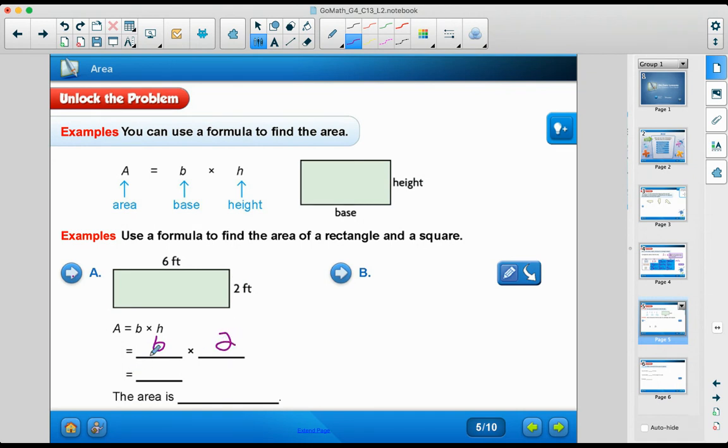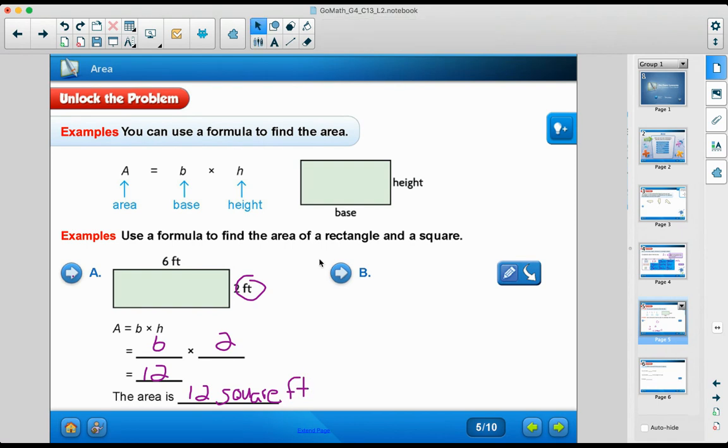So the area is 6 times 2, which is 12 square. And now, instead of units, we need to put feet. 12 square feet.